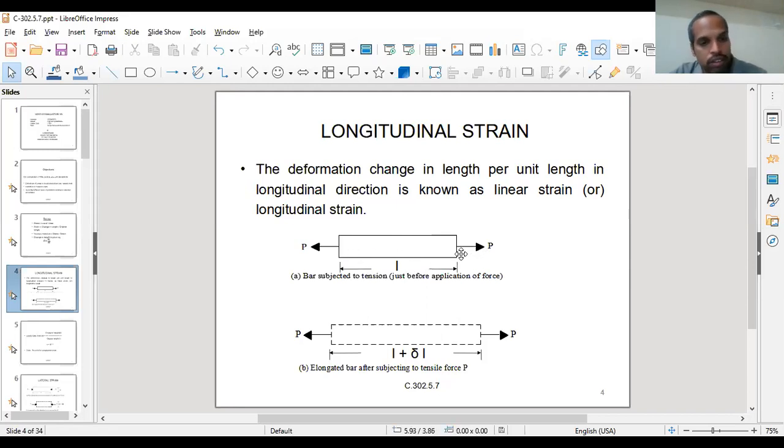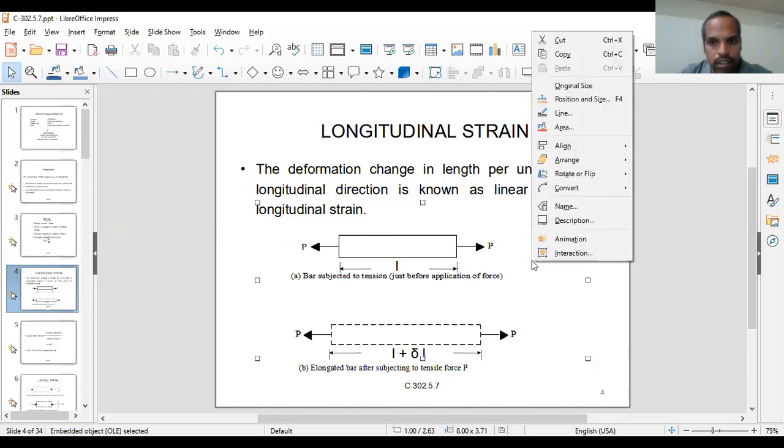We have already discussed this type of member. If the member is subjected to axial tension or axial pull, obviously there will be an increase in length, an elongation. The bar member elongates, so there will be an increase in length like this.